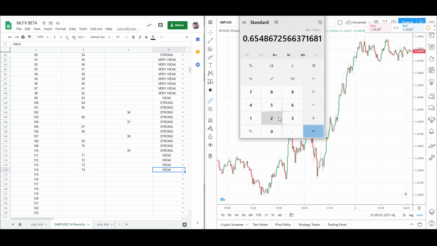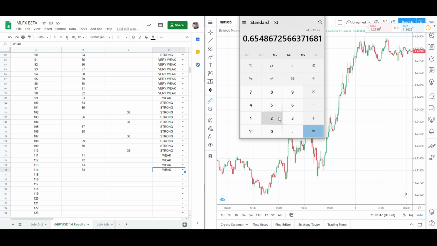In fact, it will be different regardless. Whether that's better or worse is yet to be determined, but I'm very happy with the results of the GBP USD over the 1 week period from the 2nd of July through to about the 9th or 10th of July. But we will continue to test this.